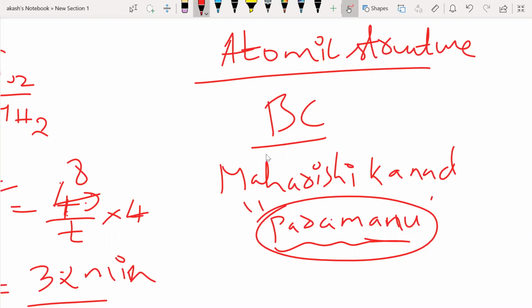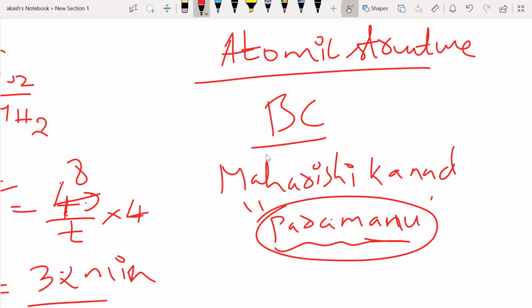Because all of these people proved that atoms are divisible, and inside atoms we have so many other things. Now we have something called mesons, positrons, all these are also there, but for our levels it's not required. And then Thomson's model was predominantly used until Bohr gave his model.